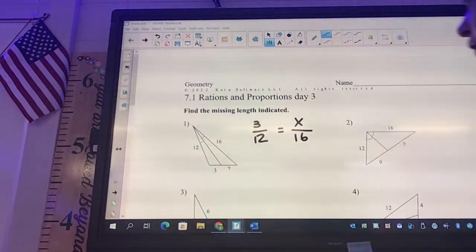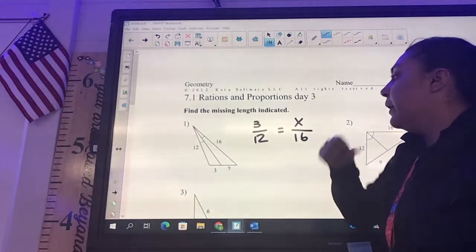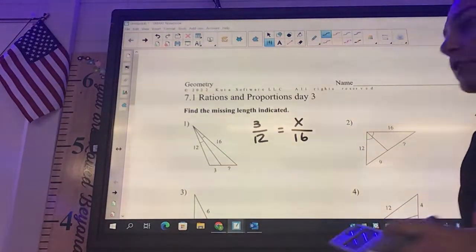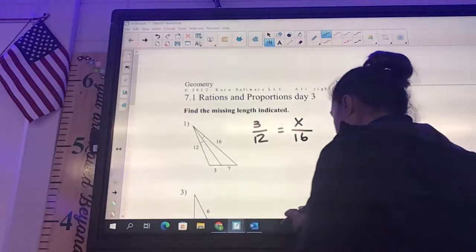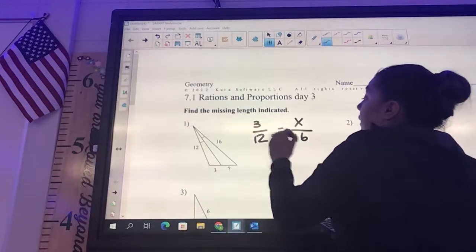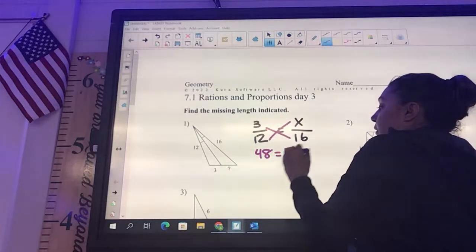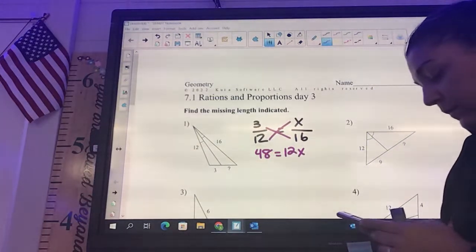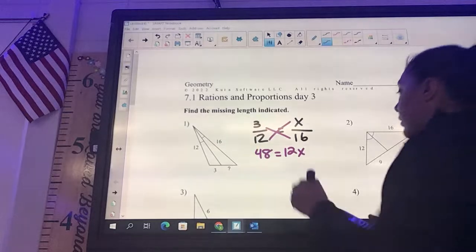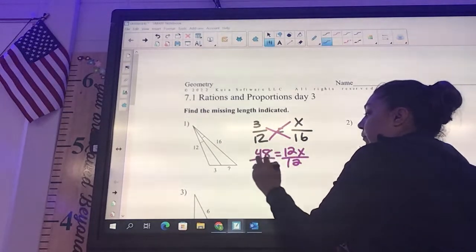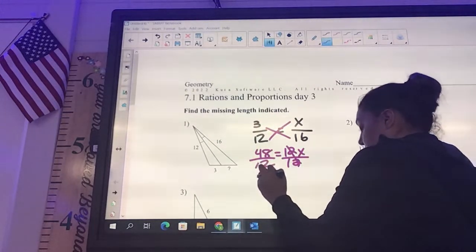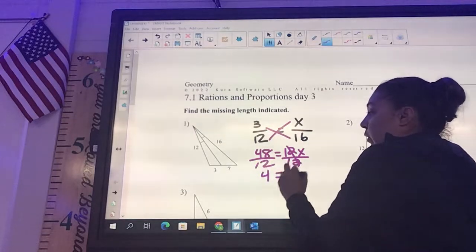Okay, and so the hardest part, I think, is just setting them up. And then you're going to cross multiply and divide. So when we cross multiply, you're going to say 16 times 3, which is 48, equals 12x. And then we're going to divide by 12, and so you're going to get x equals 4.